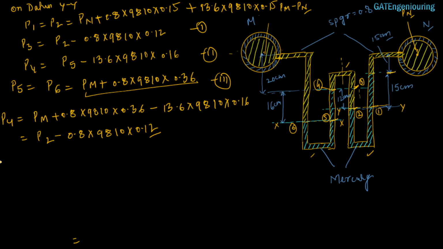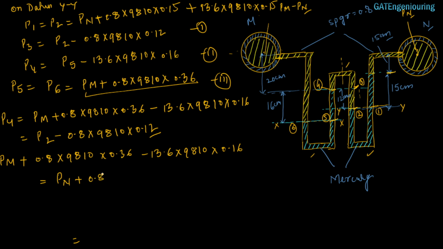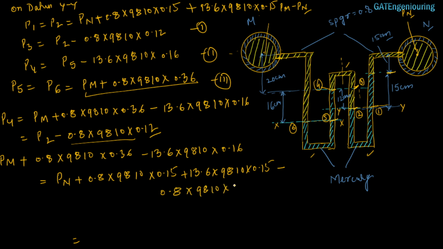So I can simply say that PM plus 0.8 into 9810 into 0.36 minus 13.6 into 9810 into 0.16 is equal to PN plus 0.8 into 9810 into 0.15 plus 13.6 into 9810 into 0.15 minus 0.8 into 9810 into 0.12.